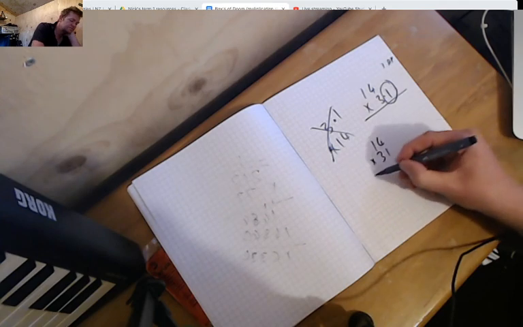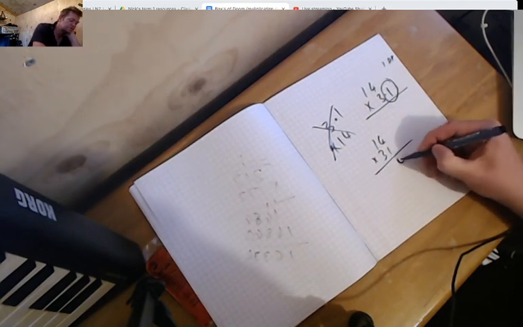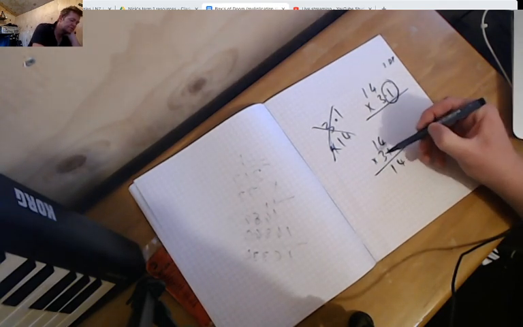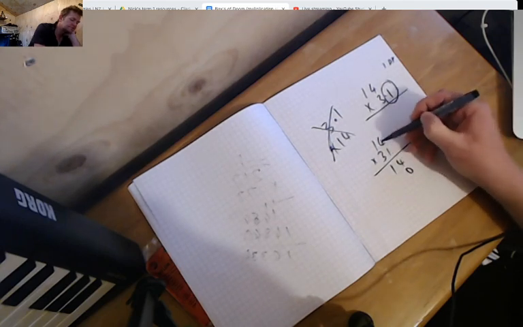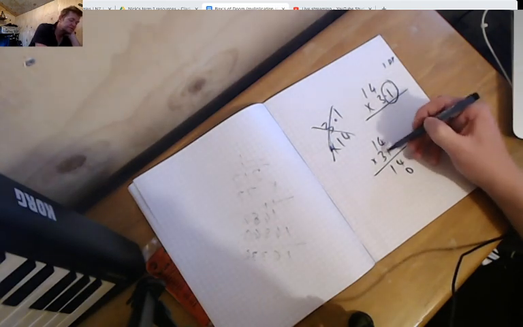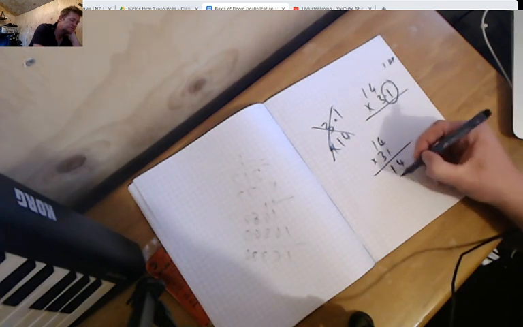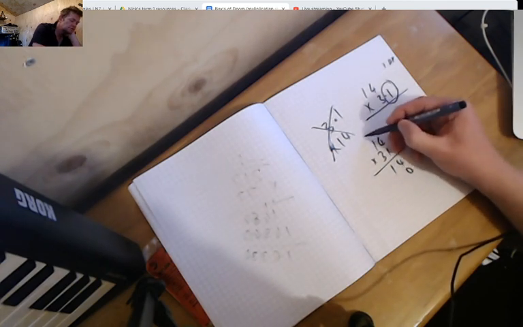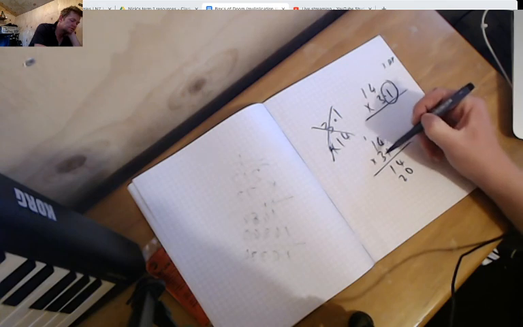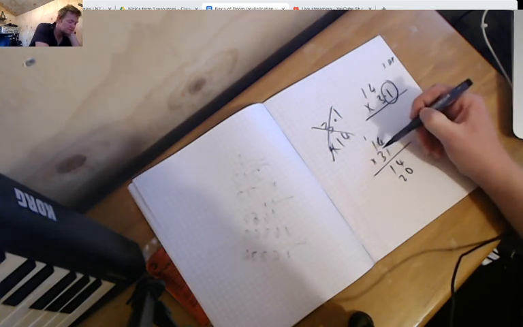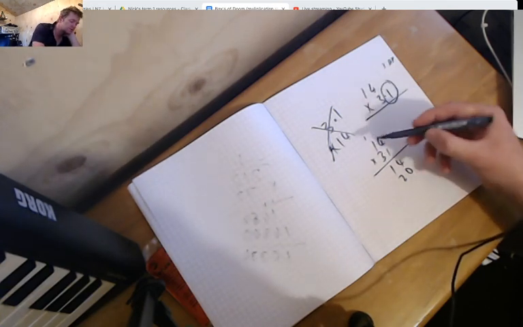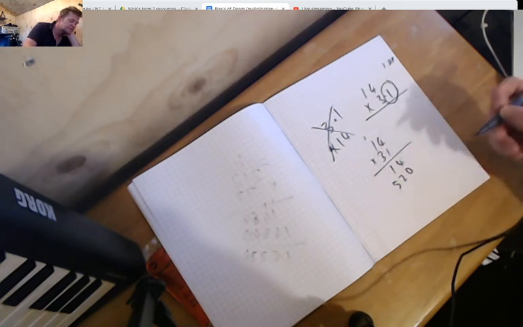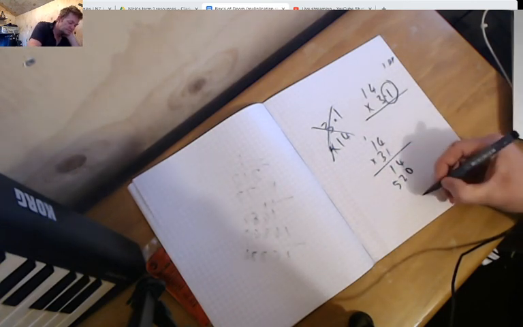1 times 4, which is easy. 1 times 4 is 4. 1 times 1 is 1. Now 3 times 4. 3 times 4 is 12. And 3 times 1 is 3, plus 1 is 4. Then I add them together.